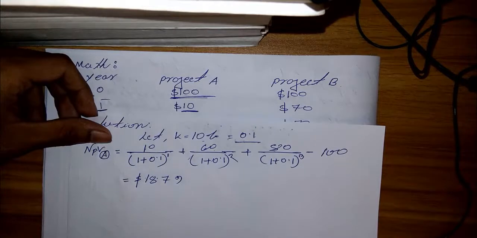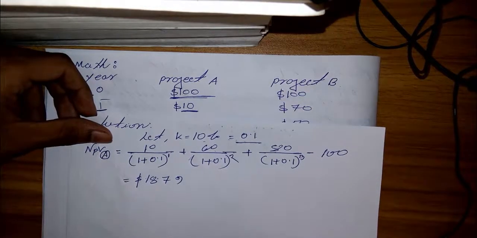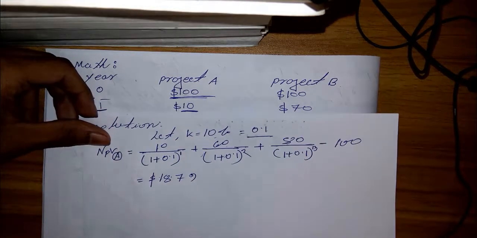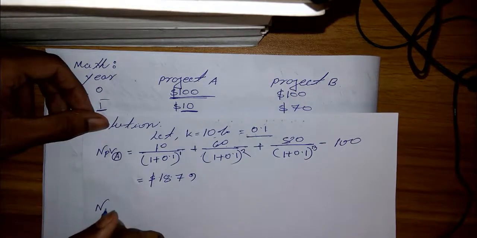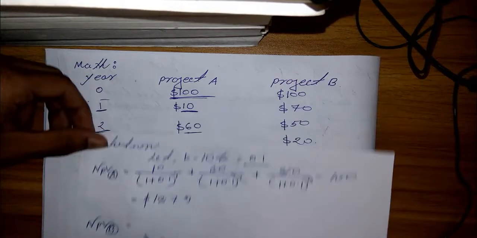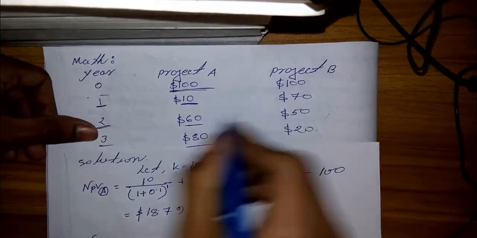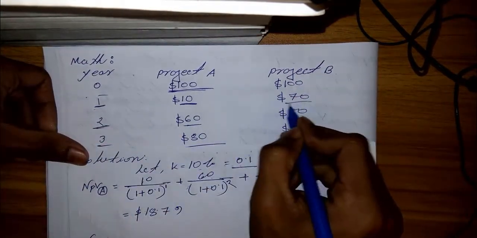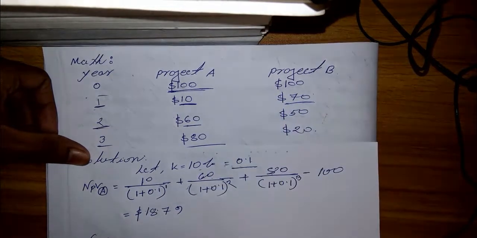Okay. Next I calculate the NPV for project B. For project B, when the year is 1, the value of CFi is 17.